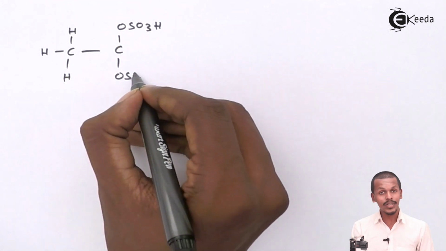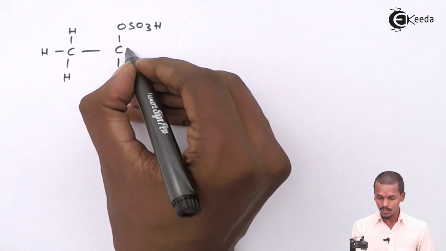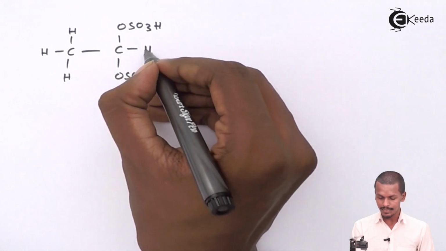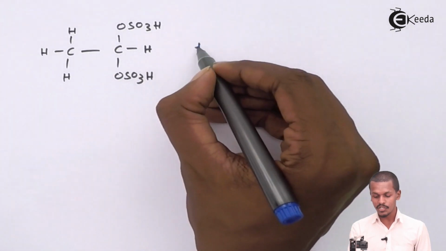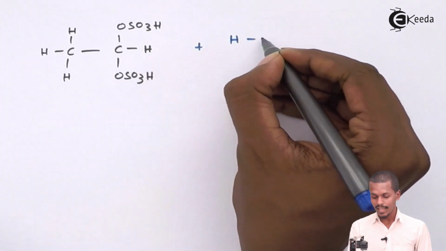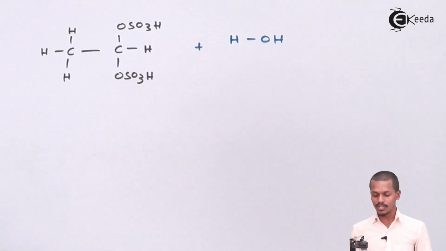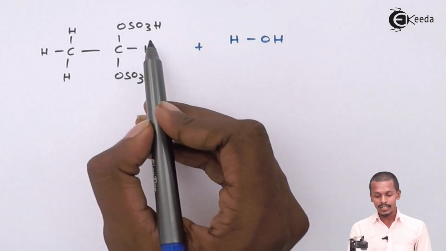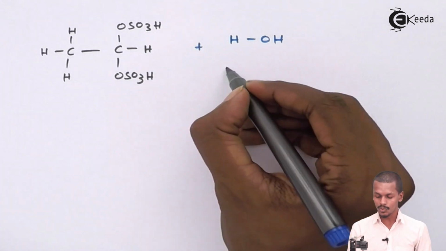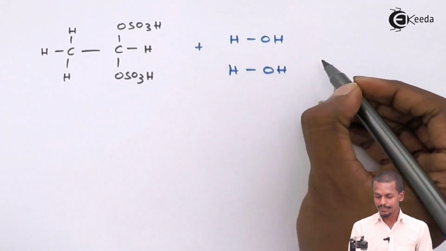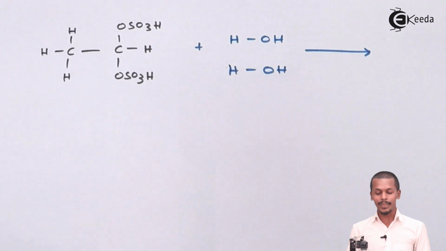And again here also OSO3H could be written, and here it was basically a hydrogen atom. Suppose this undergoes a hydrolysis process. In hydrolysis, HOH, that is water, is involved, but there are 2 hydrogen sulfate groups attached here, so we have to use 2 moles of water.